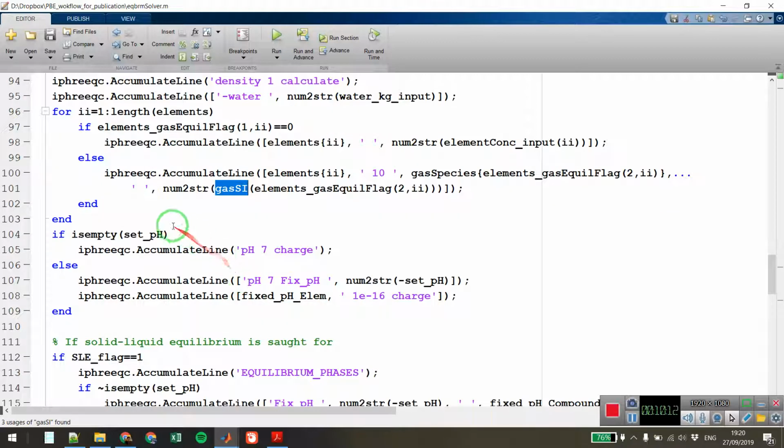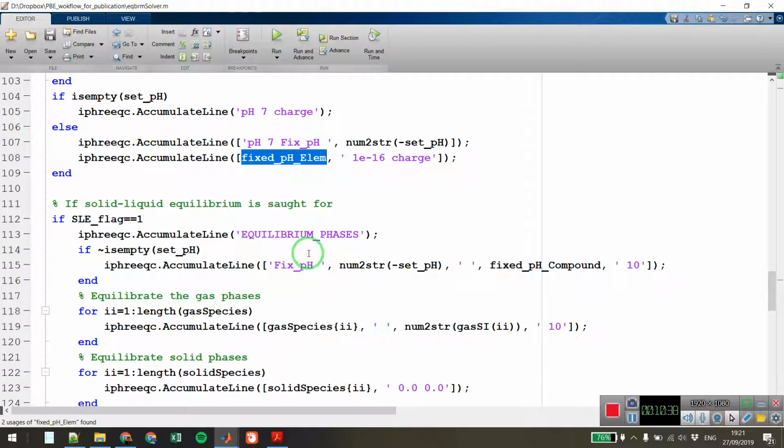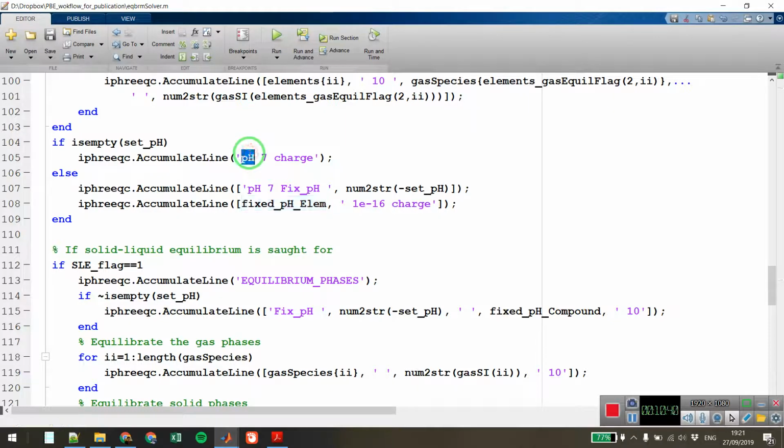Then if pH is not set, you calculate pH based on charge balance. If it is set, you fix it to the fixed pH value, and then you calculate the elemental balance for the element that is in the compound you use for fixing pH based on charge balancing. In the normal sense, you usually calculate pH based on charge balance.